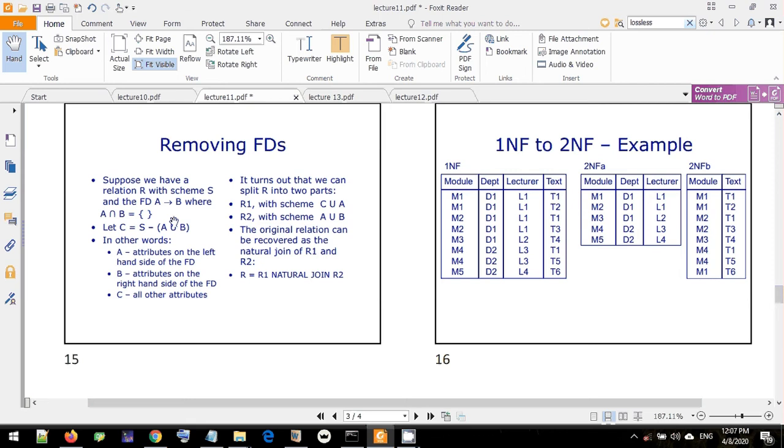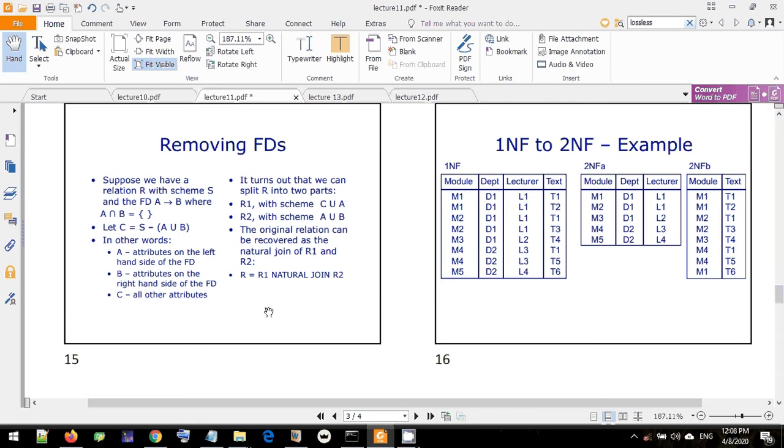Let C be the difference between the scheme and the union of A and B. In other words, A are the attributes on the left hand side, B are the attributes on the right hand side, while C are all the other attributes.